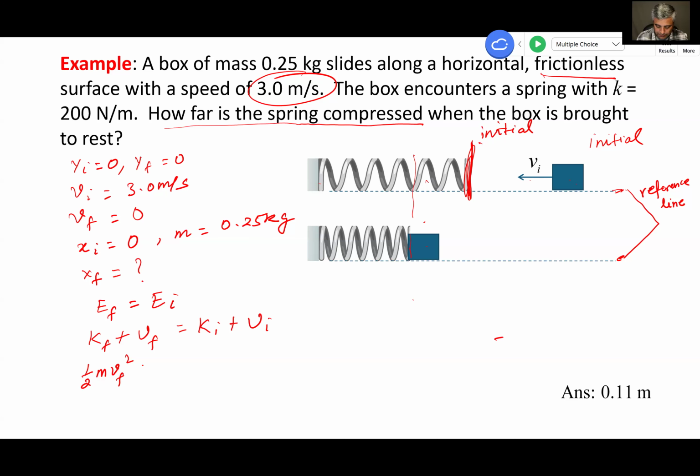And then potential energy: there are two possible potential energies. One, our good old gravitational potential energy, and then the one that we just learned about. Okay, so now we have three terms. And we have to copy all those on the left-hand side and replace final by initial.